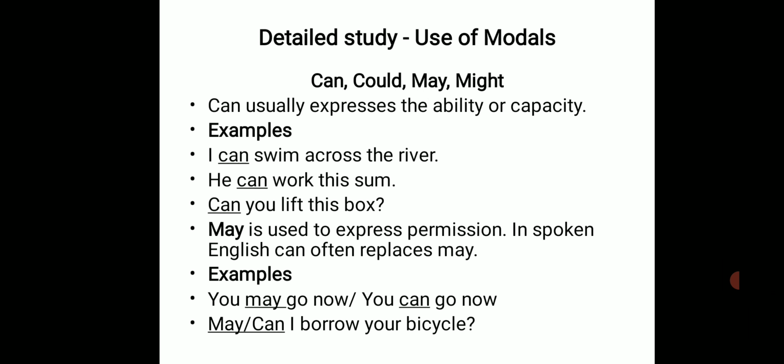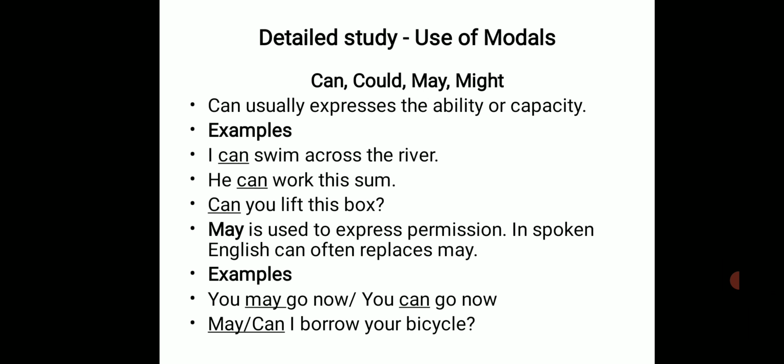And may is used to express permission or ask permission, like may I come in? Usually we use it while asking permission to enter the class. May I come in? And certainly the answer would be you may come in. Therefore it is used to ask permission or give permission.